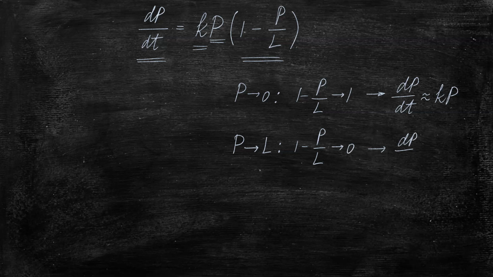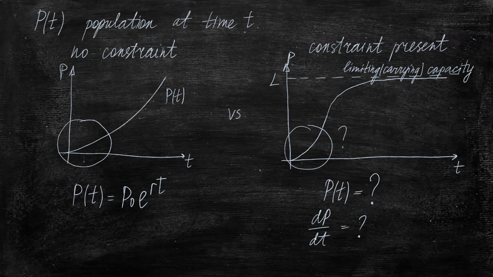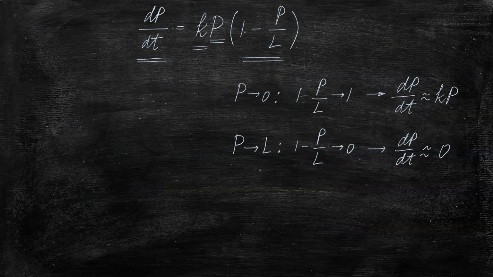And then dP/dt will be approximately equal to 0, because when one of the factors is 0, the whole product is also 0. And dP/dt equal to 0 means the population isn't growing, which corresponds to having a horizontal tangent line, which is what we're observing here near the carrying capacity. So does this equation describe the behavior well? It seems like it.